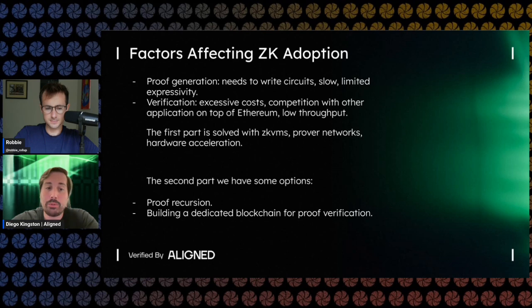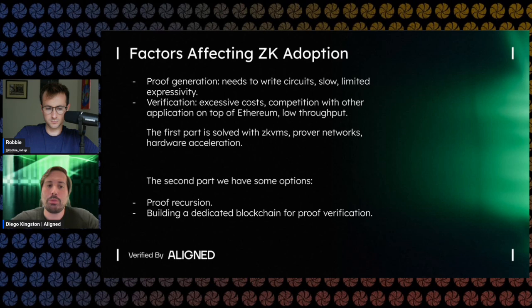And so then we have to look at the other half, which is proof verification. And there we have two options. One is this idea of proof recursion. The basic idea here is, remember that I can prove any kind of program.